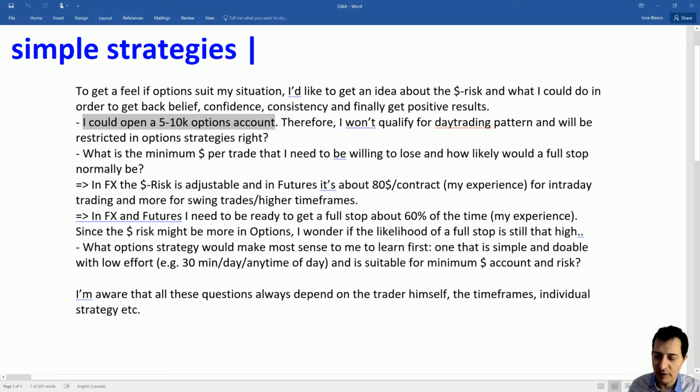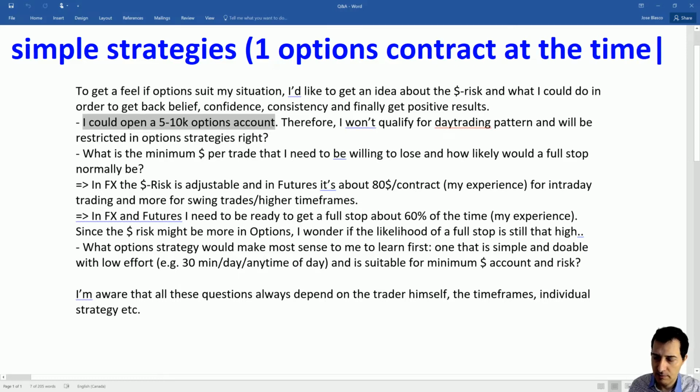Simple strategies means they use one options contract at a time. So you buy a call, or you sell a call, or you buy a put, or you sell a put. That's a simple strategy. But then you also have complex strategies.